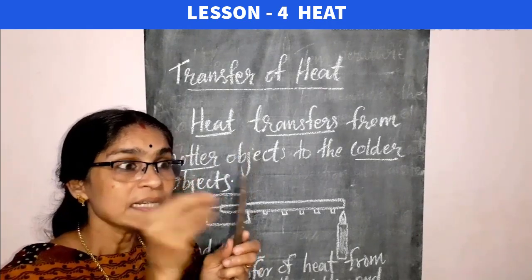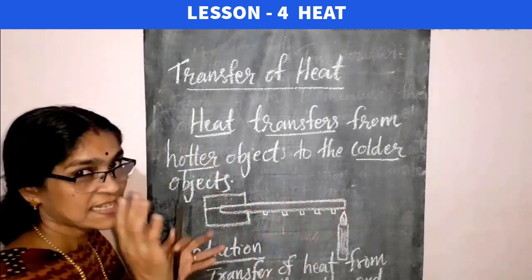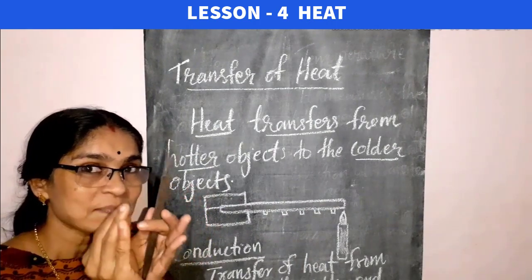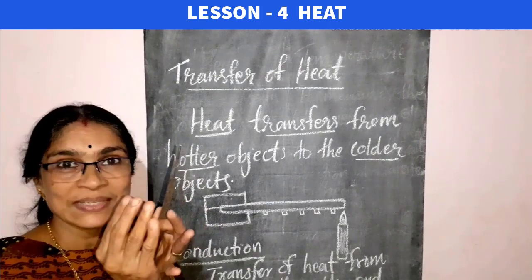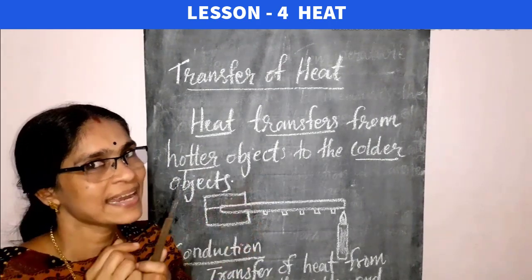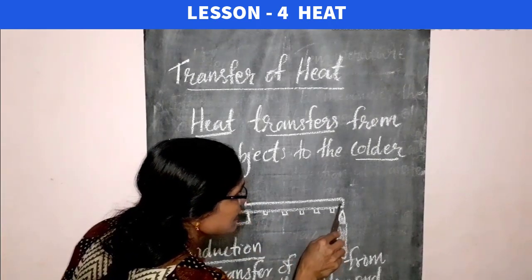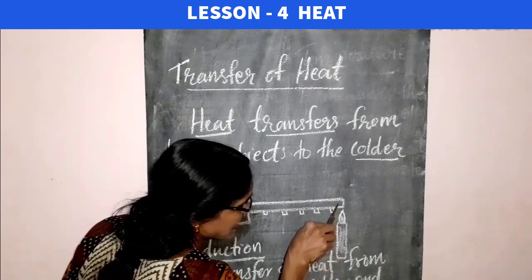Here, the particles or atoms are arranged very closely, tightly arranged. In solids, the atoms are arranged tightly, whereas in liquids they are arranged somewhat loosely, but in gases they are very loosely arranged.